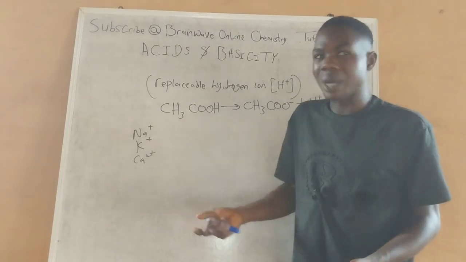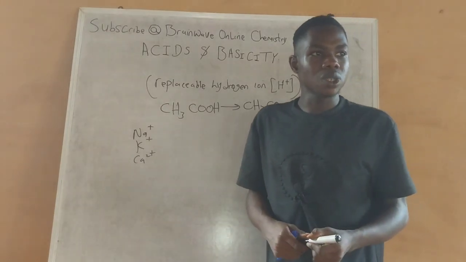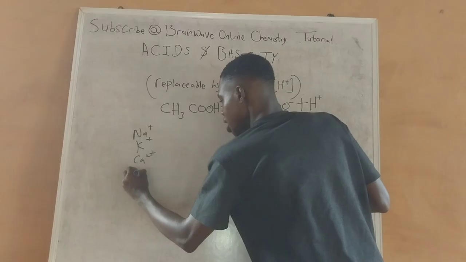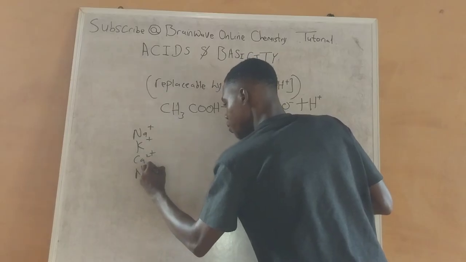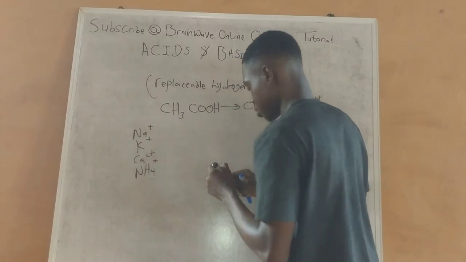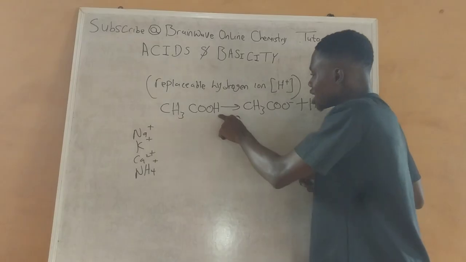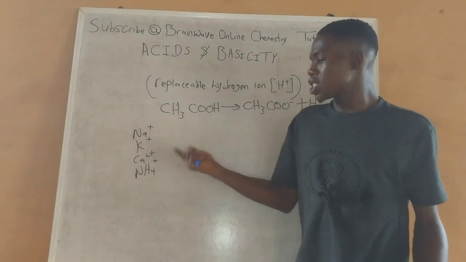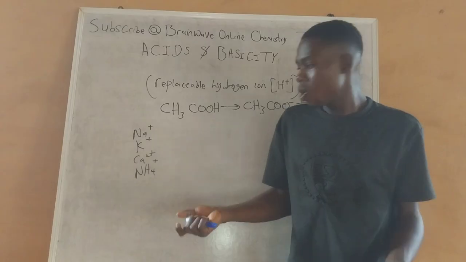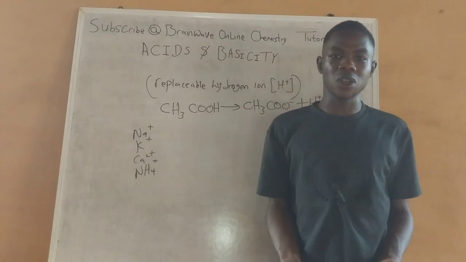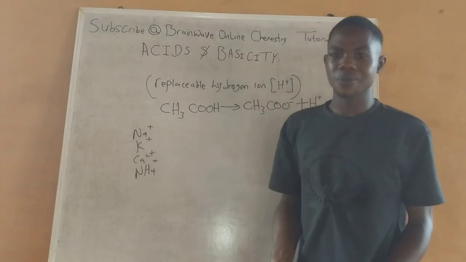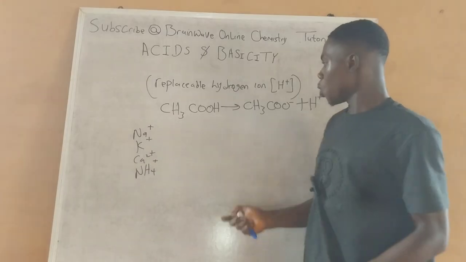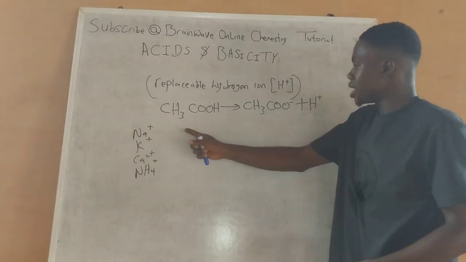It can also be replaced by an ammonium ion, which is NH4+. Please take note that this hydrogen ion can be replaced either by a metallic ion like sodium, potassium, calcium, or magnesium ion, or by an ammonium ion, NH4+. Are you seeing it now? So that's what basicity is talking about.